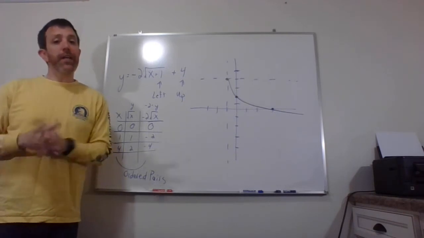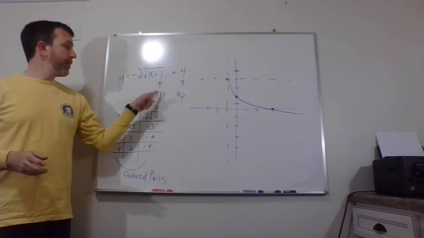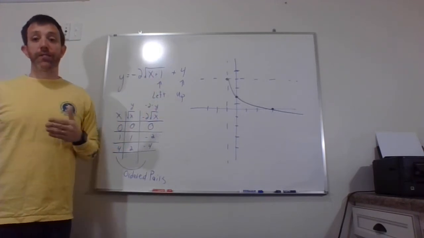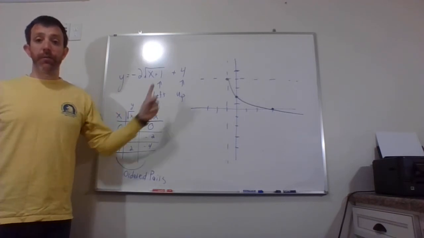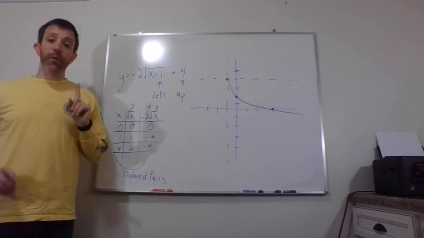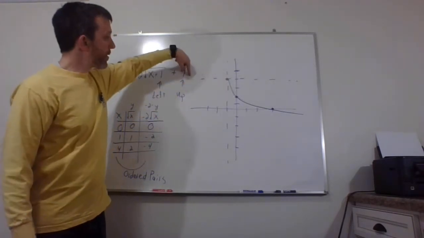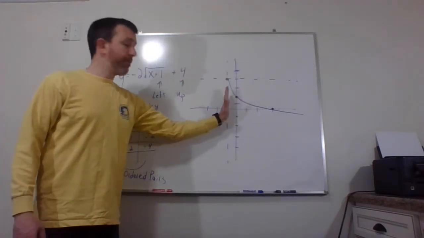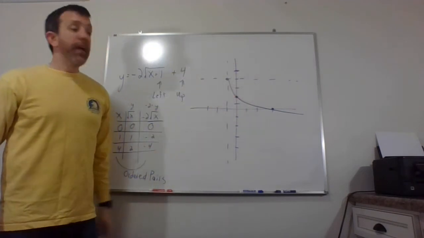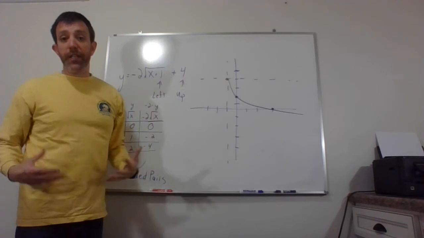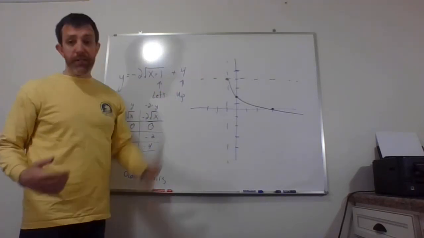So before I do anything else, I'm going to deal with these two shifts. I know that with a plus 1 on the inside, that's going to shift my graph left 1 unit. And with that plus 4 on the end, it will go up 4 units. So I come over here, and you'll see I have my dotted lines that I shifted left 1 and up 4. And that gives me what I would call a new origin, way up here at -1, positive 4.